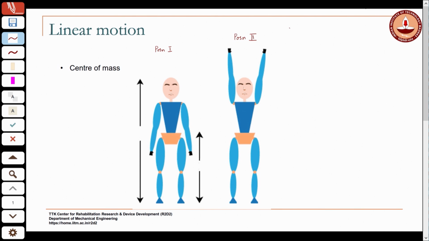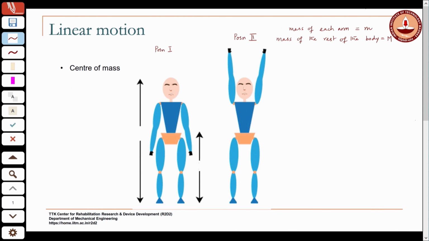Let the mass of each arm be small m, and let us call the mass of the rest of the body, that is excluding the arms, equal to capital M. Okay.